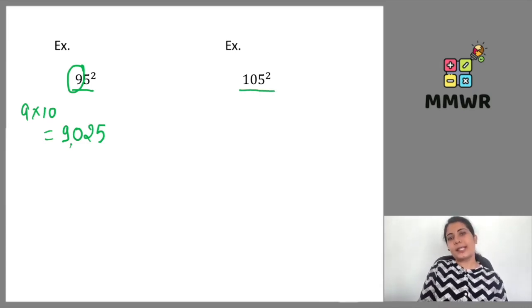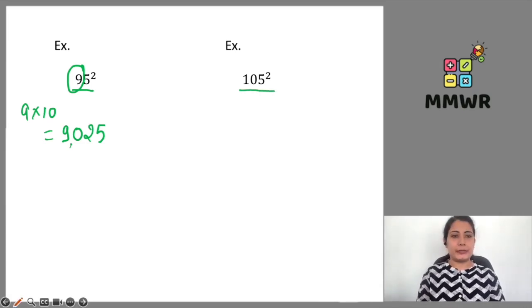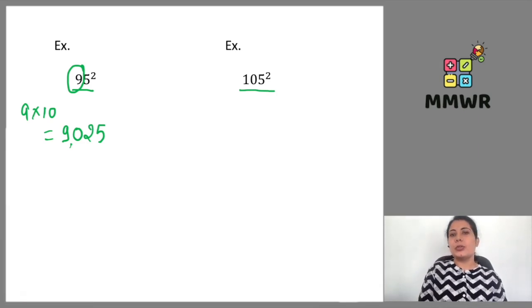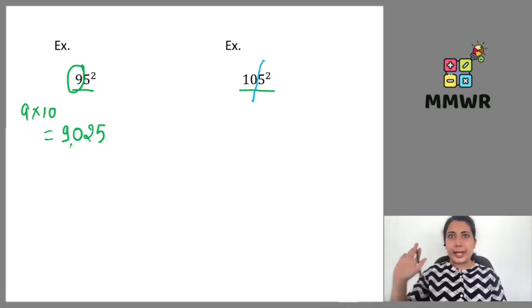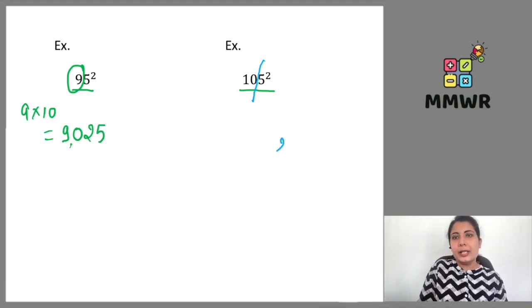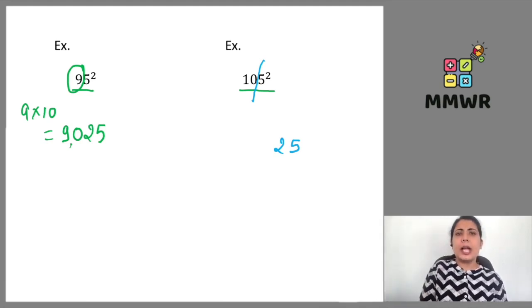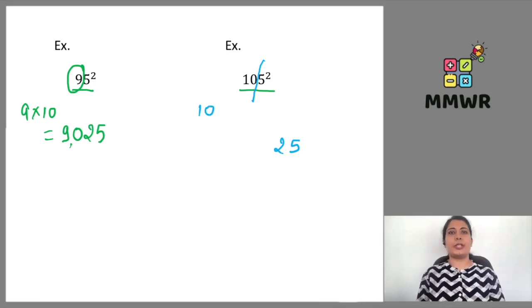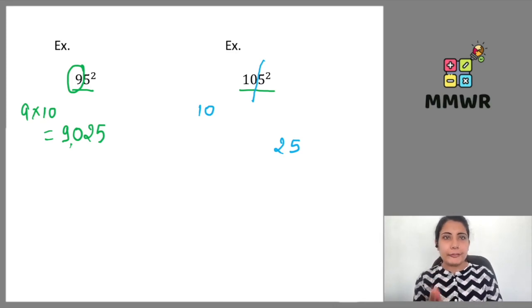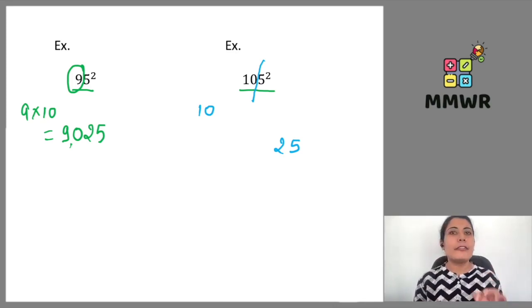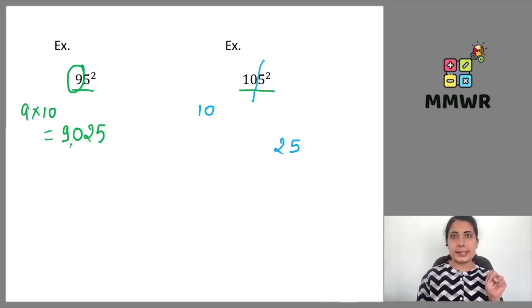Let's move to find out the square of 105. So now we are going to look for 105. So I'm going to split the number. 5 I'm keeping it separately. So I can have 25 at the unit place at the end of the number. Now the remaining part of the number, what I have here? The remaining part other than 5. Till now we were finding the square of 2-digit numbers.